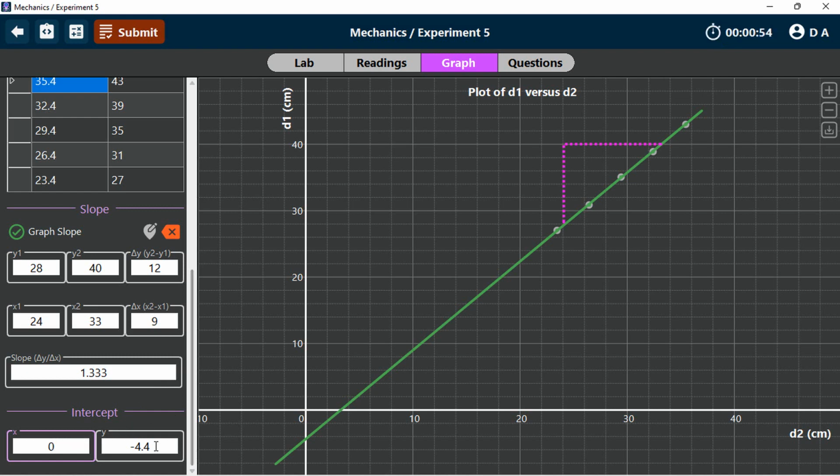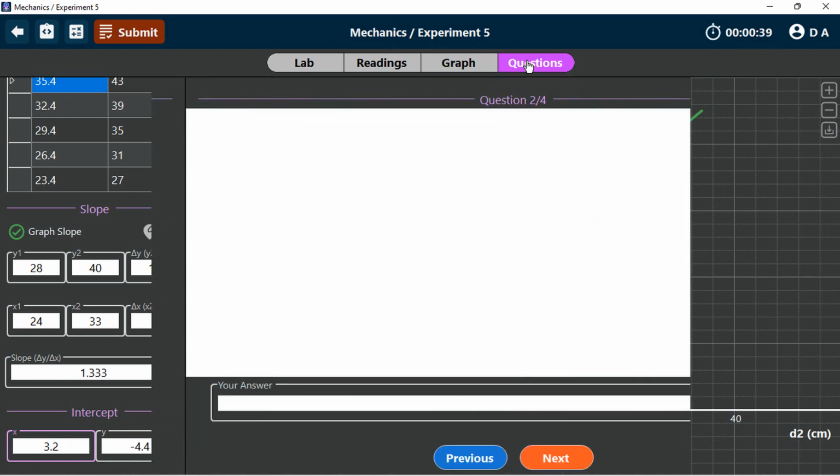The x-intercept is somewhere around 3.2. So let's say 3.2. That is how you calculate from your graph.